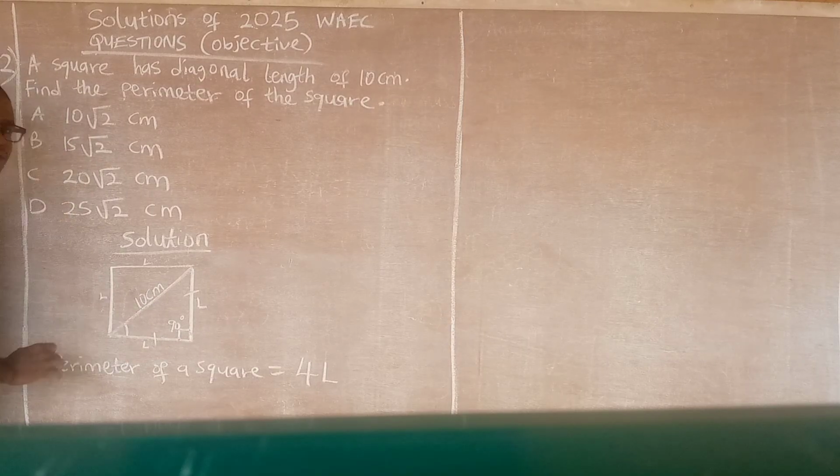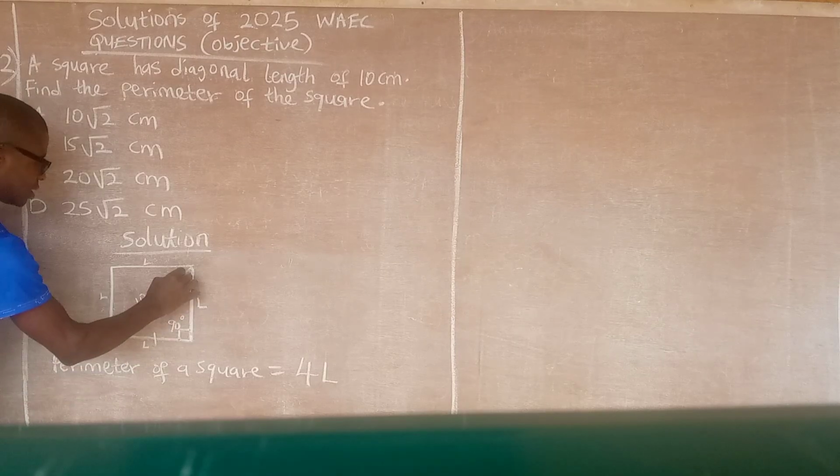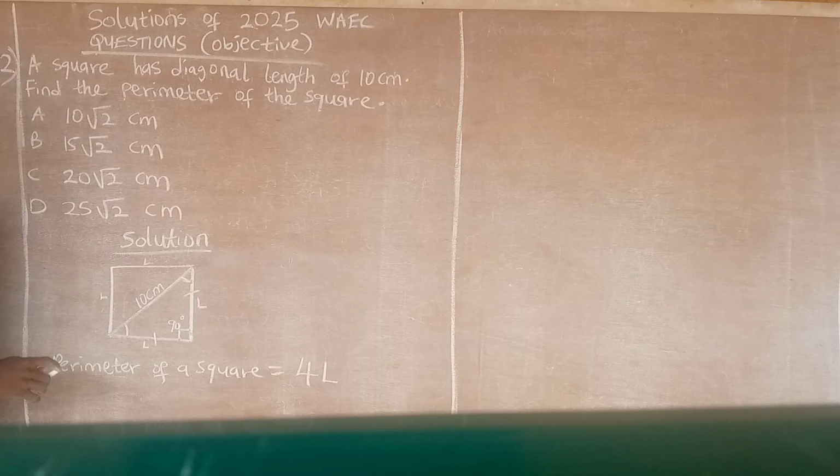And another property of an isosceles triangle is that the two base interior angles are equal.